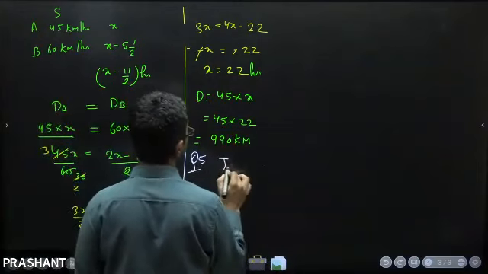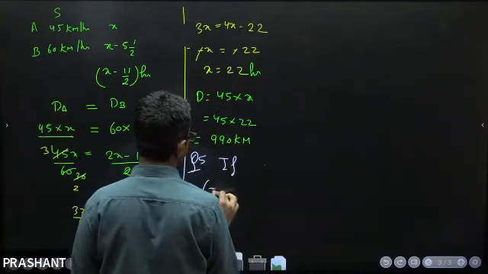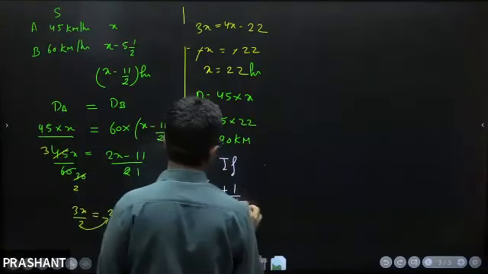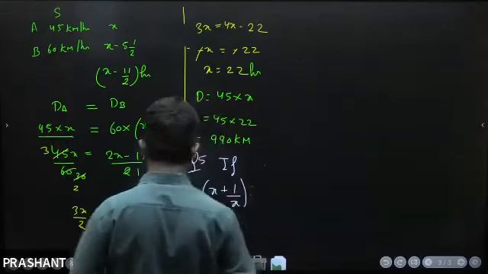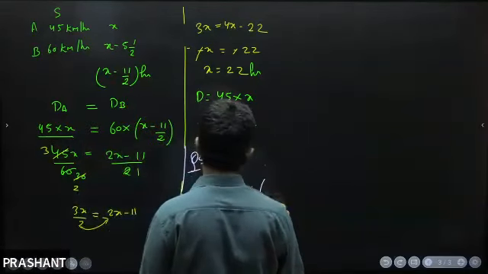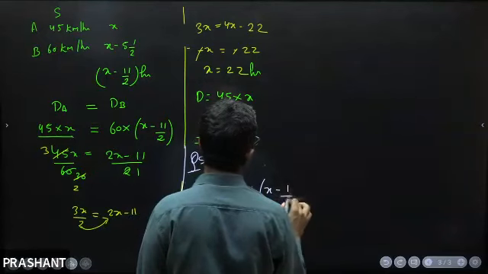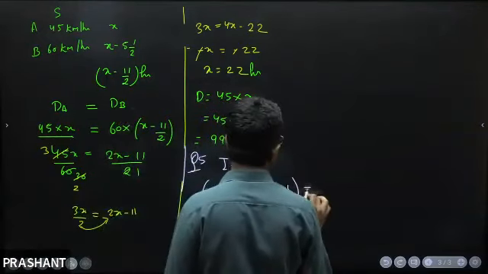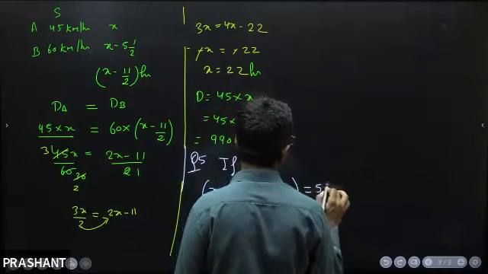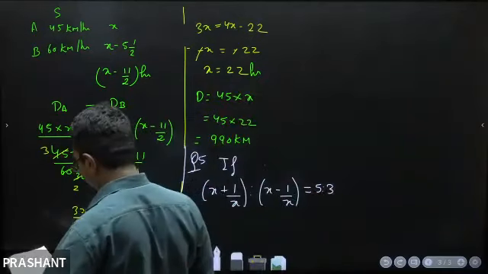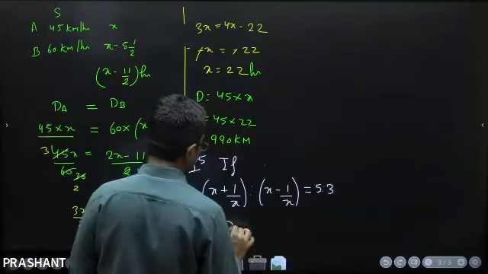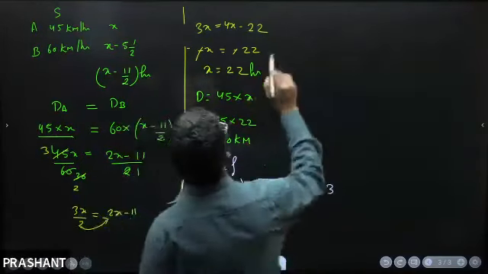If x plus 1 upon x and x minus 1 upon x is equal to 5:3, find x.